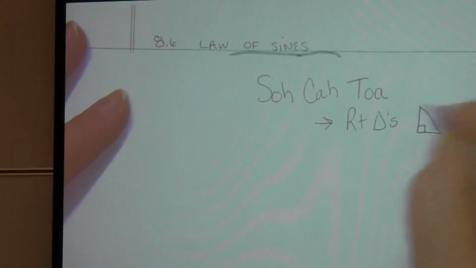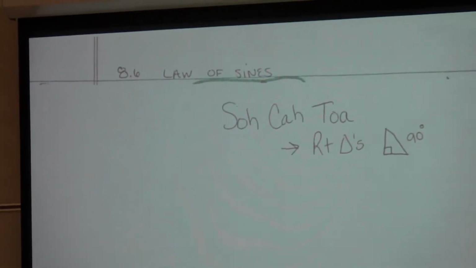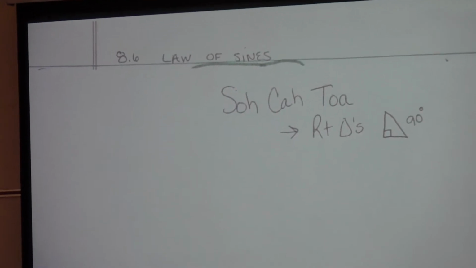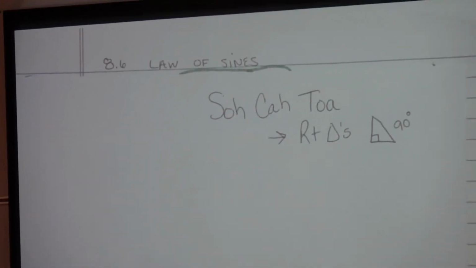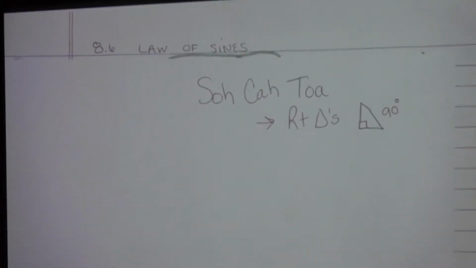So they have to have a 90-degree angle. If they don't have a 90-degree angle, we cannot use SOHCAHTOA, because those trig functions only work for right triangles. So if we don't have a right triangle, we can't use one of our trig ratios. We have to use something else.